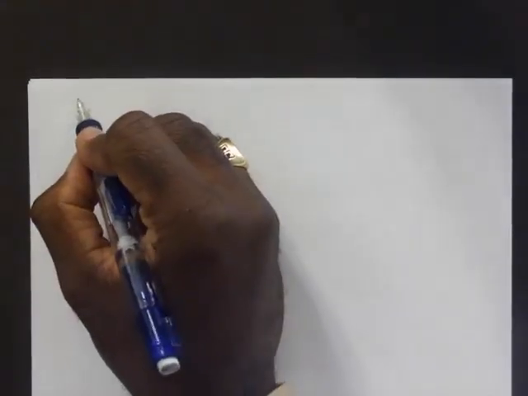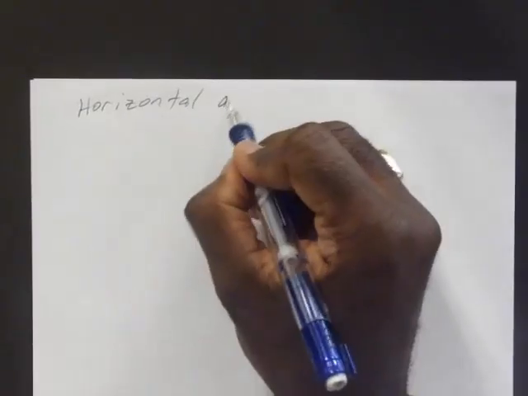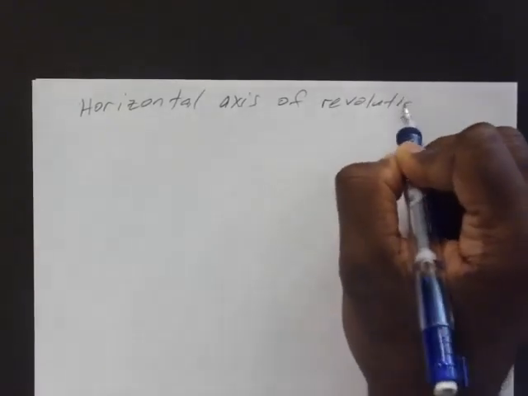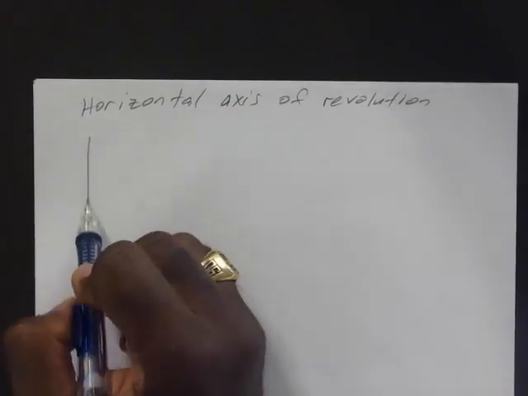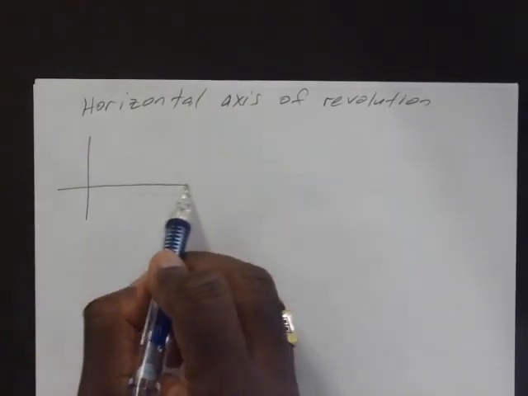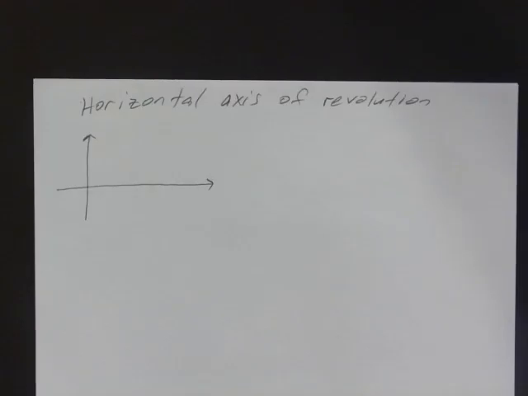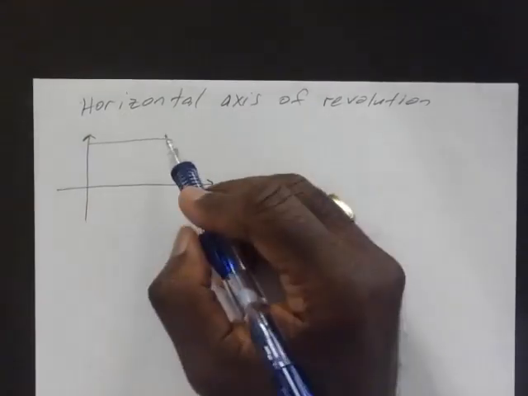Now, the two different versions are the vertical revolution and the horizontal revolution. If you have the horizontal axis of revolution, a lot of times you may start off with a half cylinder that revolves around the x-axis.